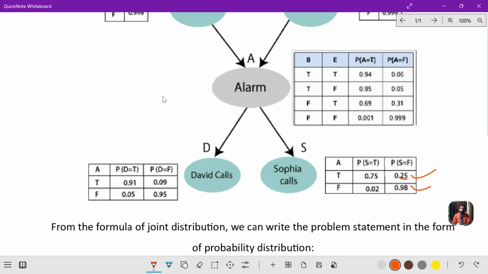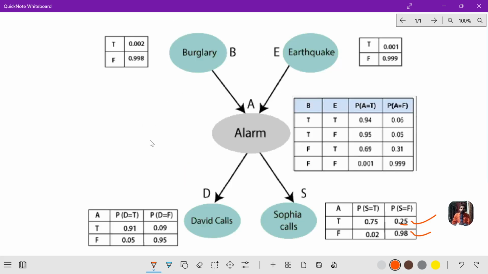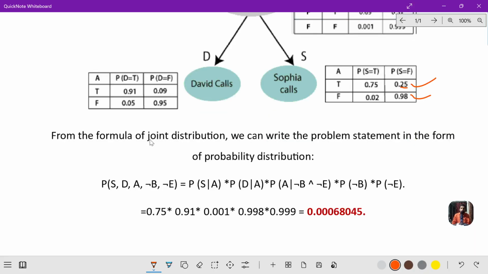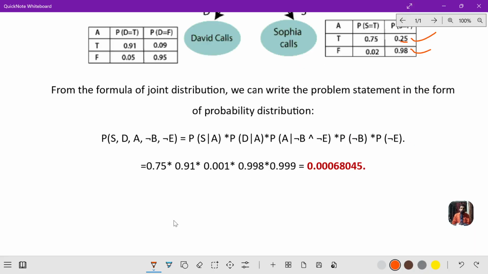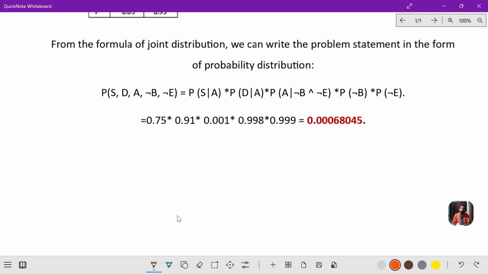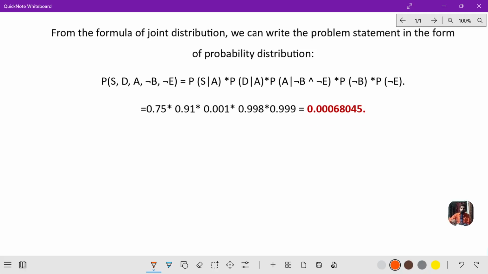So this is called the conditional probability table. Now we have the formula to find out the joint distribution. How do we find this joint distribution? You can observe the formula on the screen.